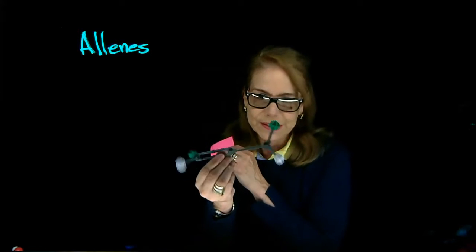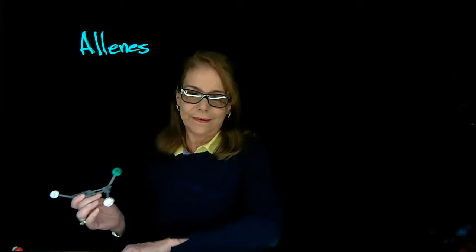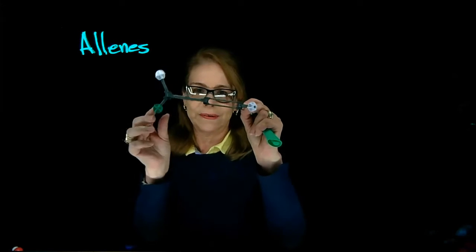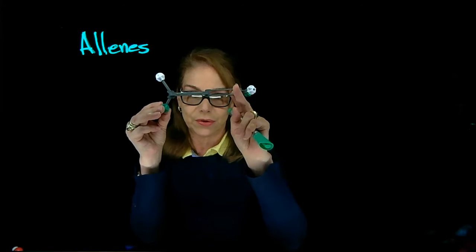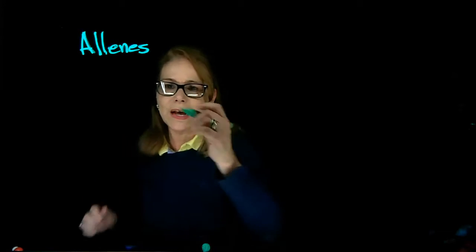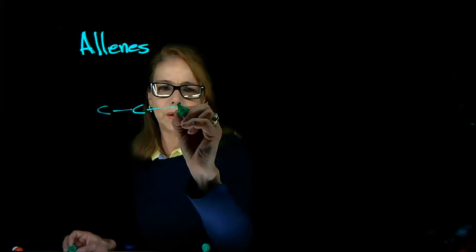Notice that the central carbon is sp hybridized, so we have one pi bond here and the other perpendicular. I'm going to do a drawing of that, with a sigma bond here and a sigma bond here.